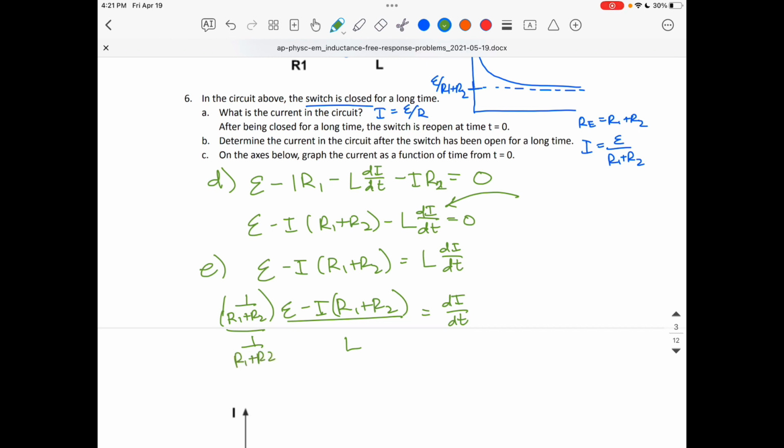And that gives me EMF over R1 plus R2 minus I, so I can get I by itself, over L over R1 plus R2.